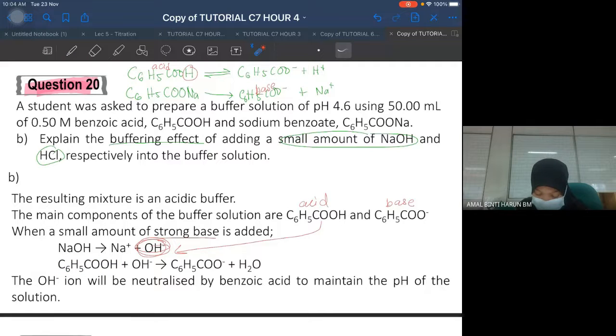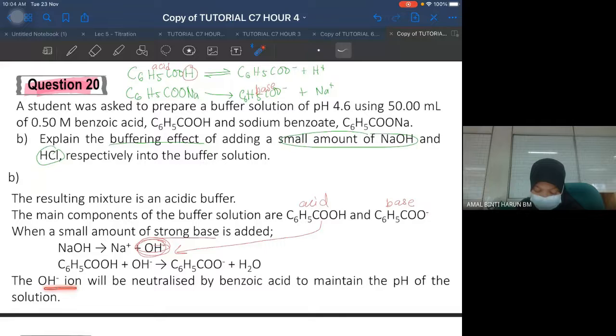So suppose we add base, the pH will increase. But since the OH minus added is being neutralized, the increase in pH does not increase too much, or does not increase significantly. If there is an increase, it is not much. That is how the buffer maintains its pH.